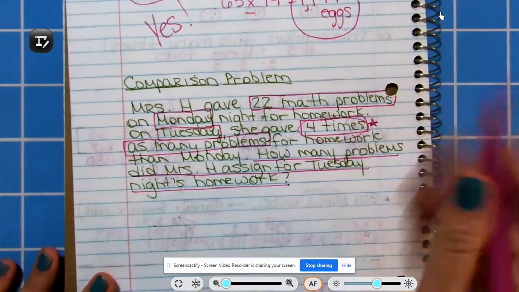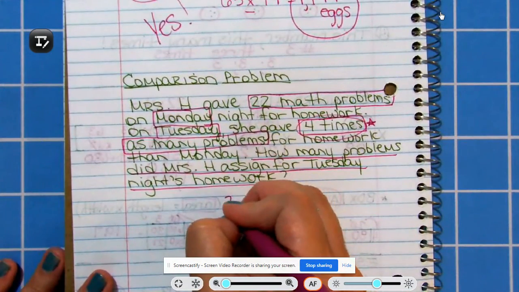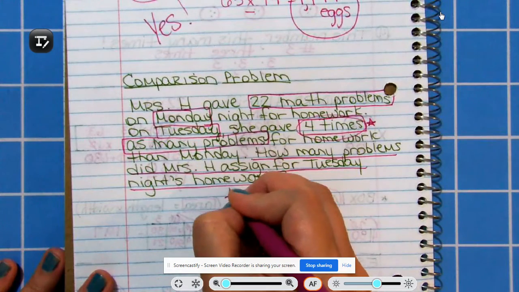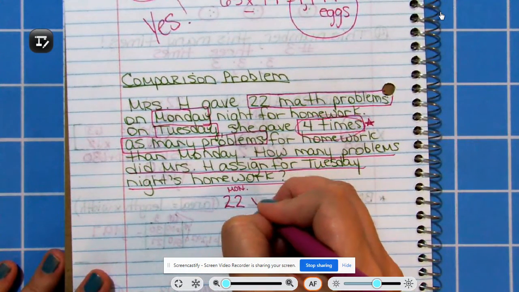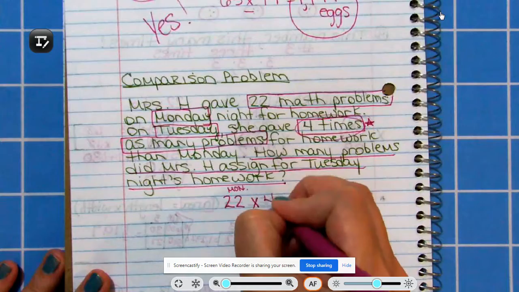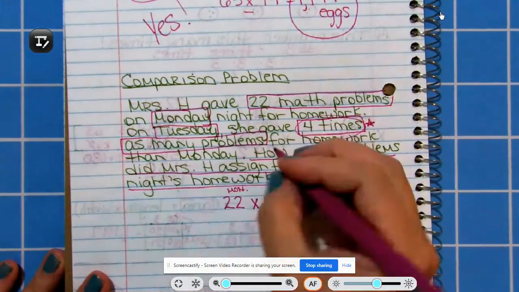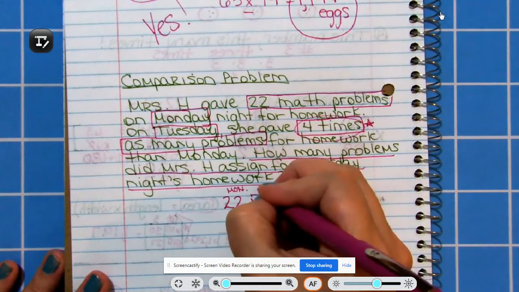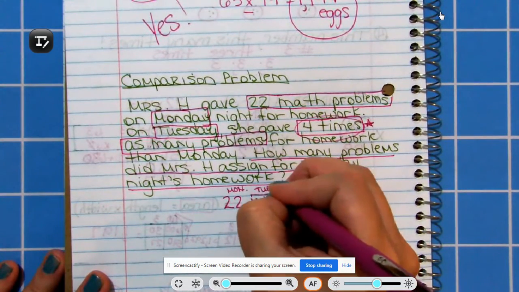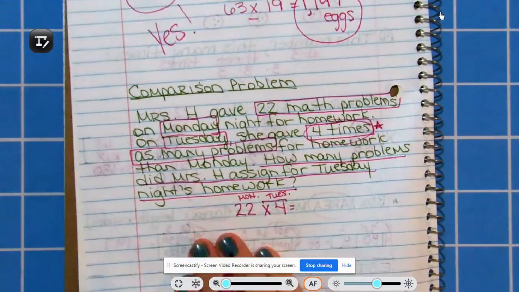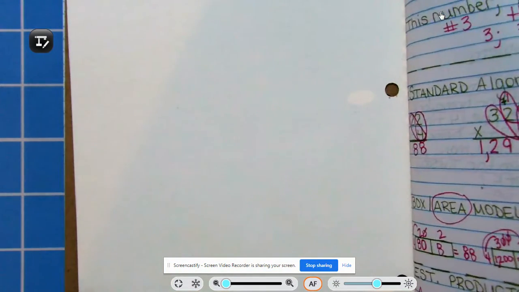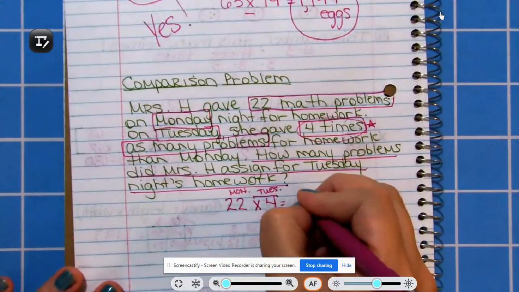So if I assigned 22 problems on Monday, then on Tuesday I did 4 times. That's times 4. That's for Tuesday. And that's a problem that we solved a few minutes ago. That's 88.